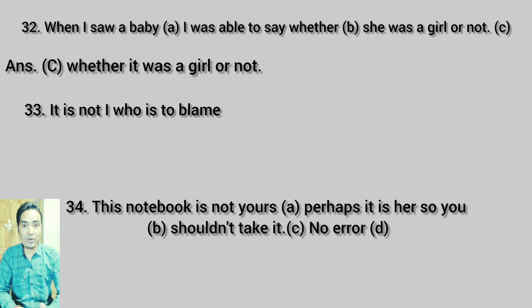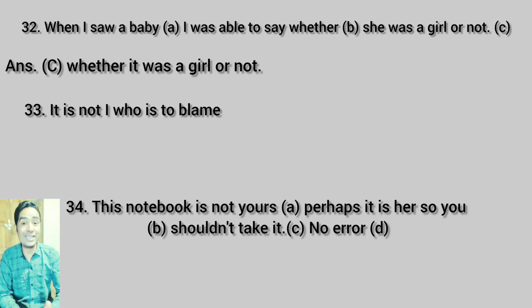If you are preparing for any kind of examination, it's I will be the correct answer. For your daily use you can use it's me, it's okay. But for competitive examination, formal English, British English, you have to use it's I. And next, who is a relative pronoun.